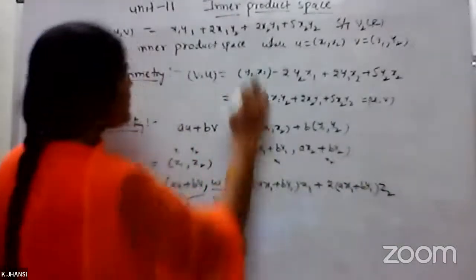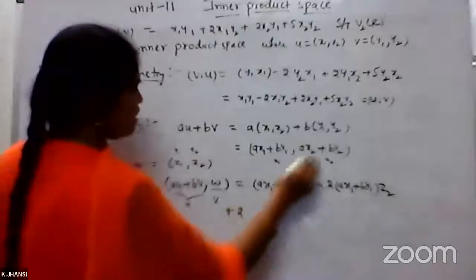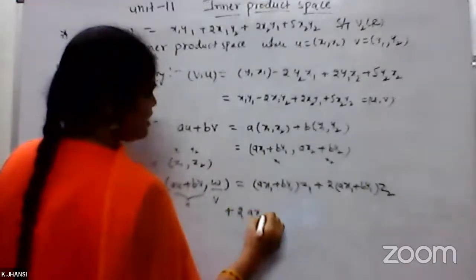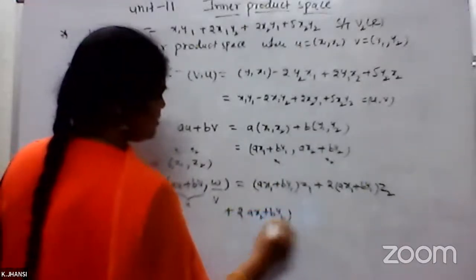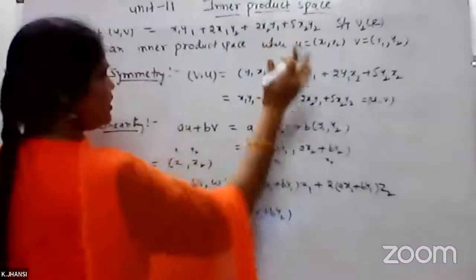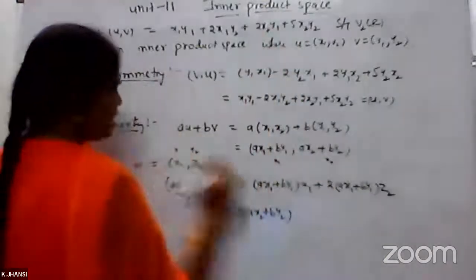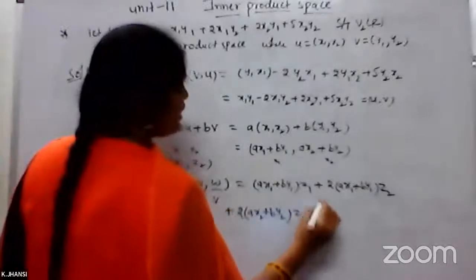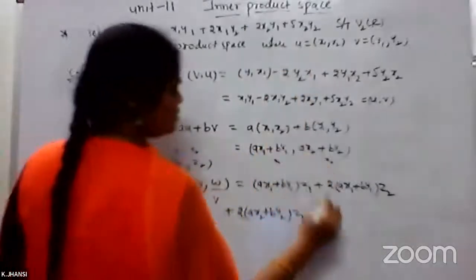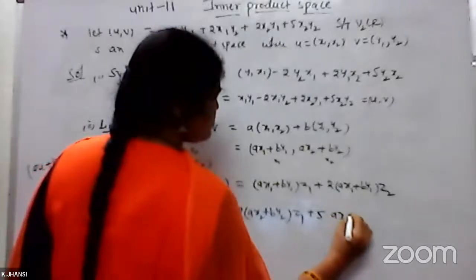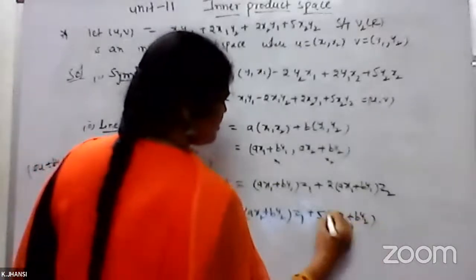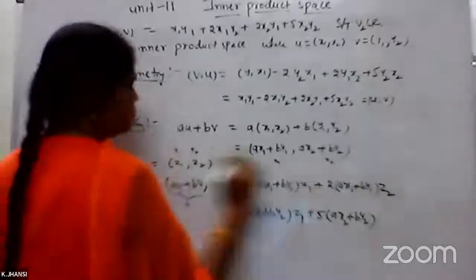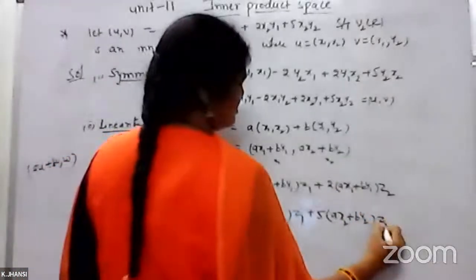Next we have 2 into x2, x2 is a x2 plus b y2, and y1 means z1, plus 5 into x2, x2 is a x2 plus b y2, and y2 is z2.